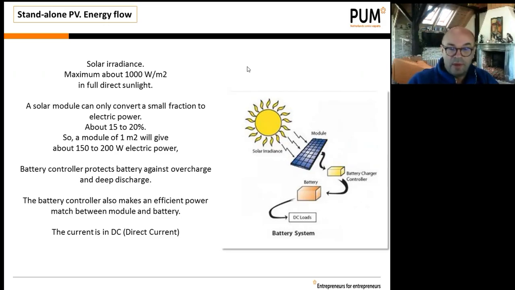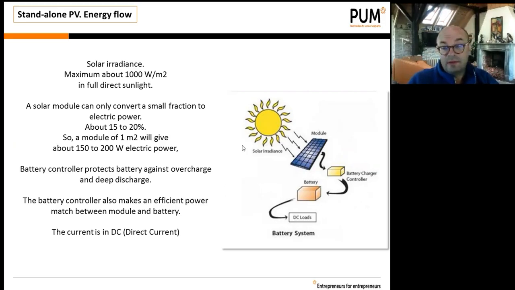It also makes for efficient power transfer between the module and the battery, and that's very important, because it means you can use the maximum amount of energy coming out of the module. My colleagues are going to tell everything about it in a later lesson, but remember, it's very important.